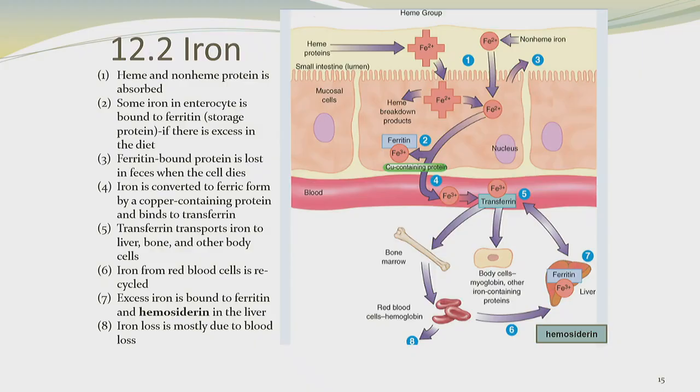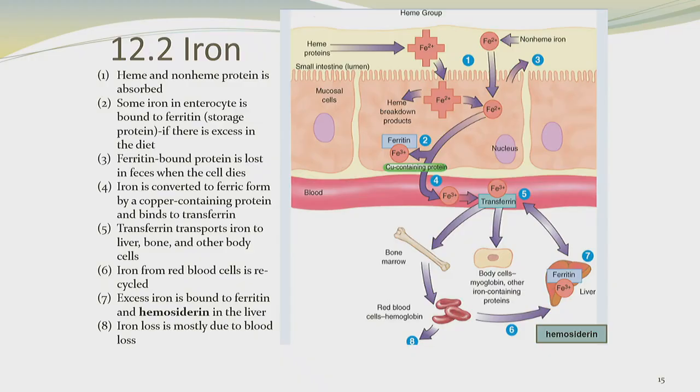Alternatively, you can have a copper-containing protein, which will transfer the iron from the enterocyte into the bloodstream, bound to a protein called transferrin. Okay, so the storage form is ferritin, and then in blood, it is bound to transferrin. Okay. So transferrin will transport the iron to various parts of the body, and this includes the bone marrow, where you have hemoglobin being synthesized, and then you have red blood cells also being synthesized by the bone marrow.